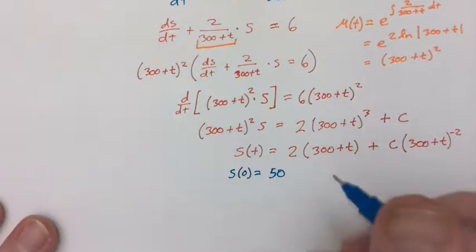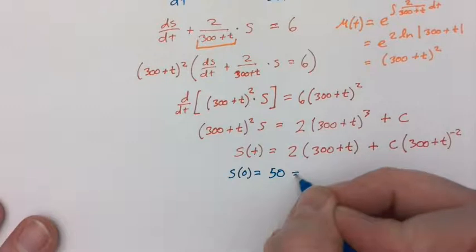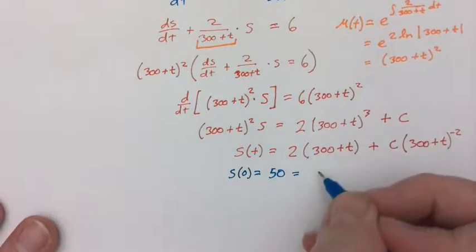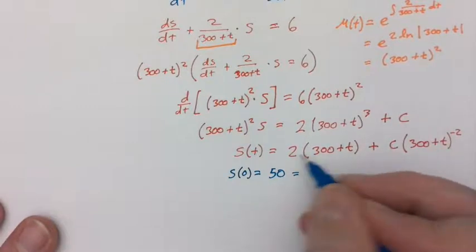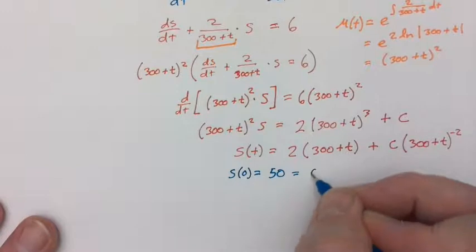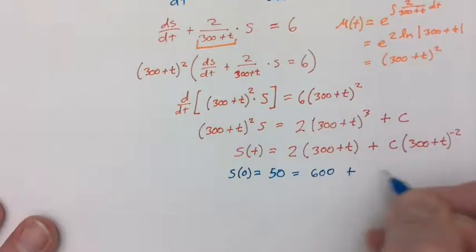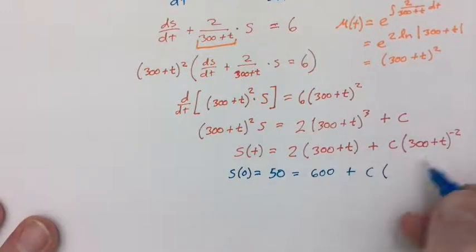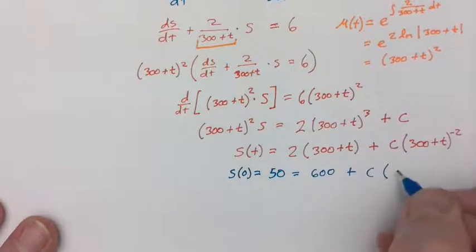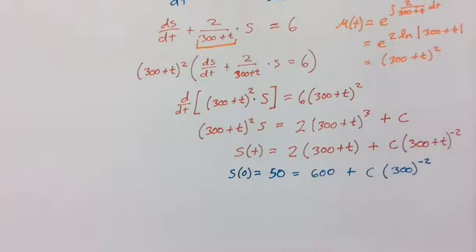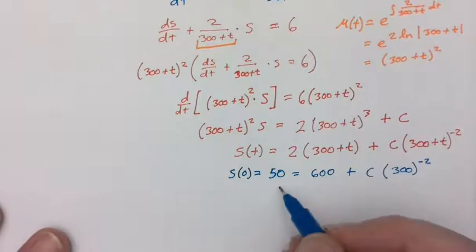And so if s of 0 equals 50, that must be equal to all this when t equals 0. So this is just 2 times 300, or 600, plus a constant times (300 plus 0) to the minus 2. That's just 300 to the minus 2 power. A little bit of arithmetic, and we subtract the 600 from both sides.